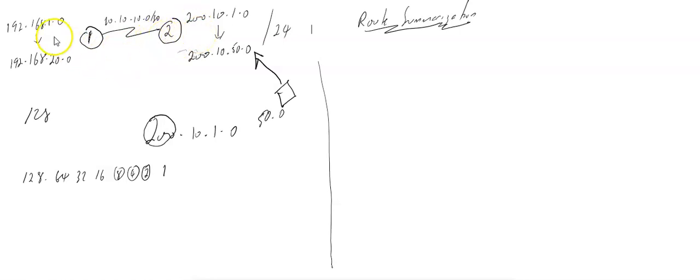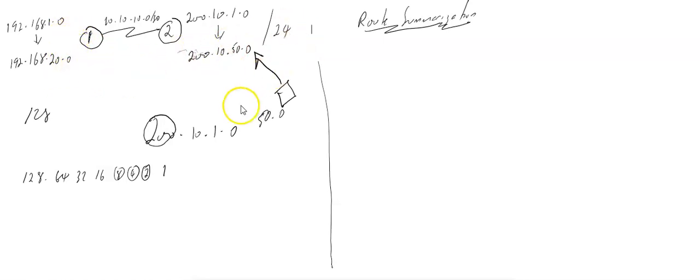The first router has networks 10.1.0 to 10.20.0, and on the second router you have 10.1.0 to 10.50.0. So obviously you have about 50 routes on router 2 and 20 routes on router 1.